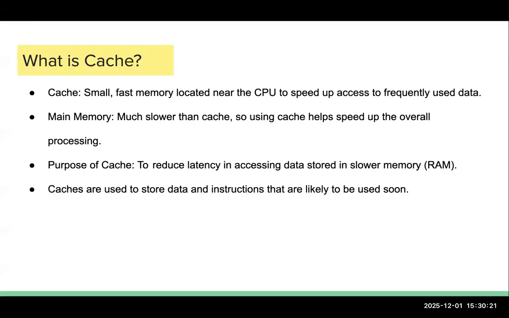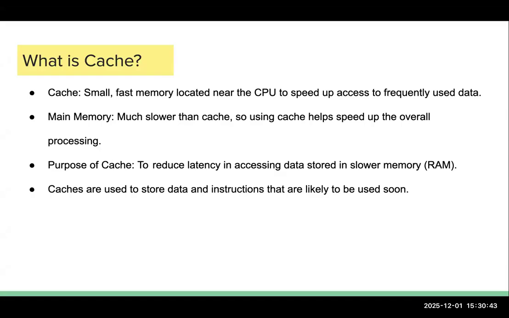What is cache? Cache is a small, fast memory located near the CPU to speed up access to frequently used data. It acts as a buffer between the fast CPU and slower main memory. Main memory is much slower than cache, creating a speed bottleneck.